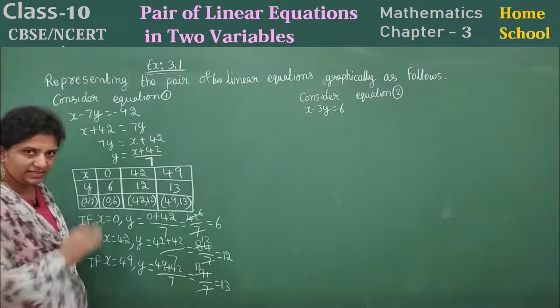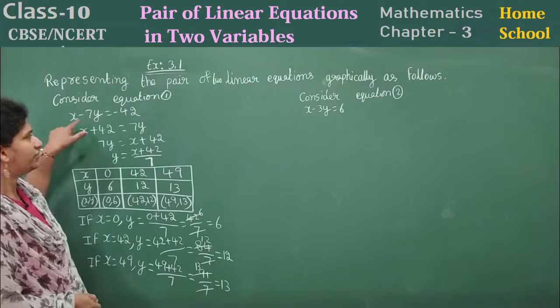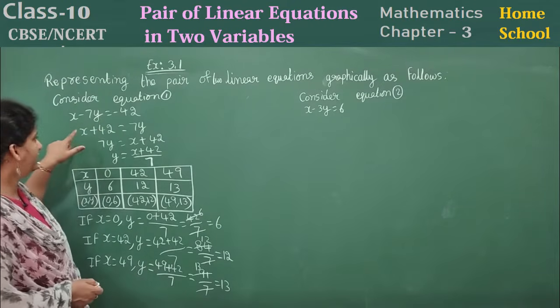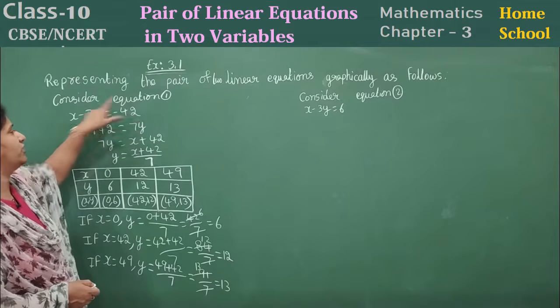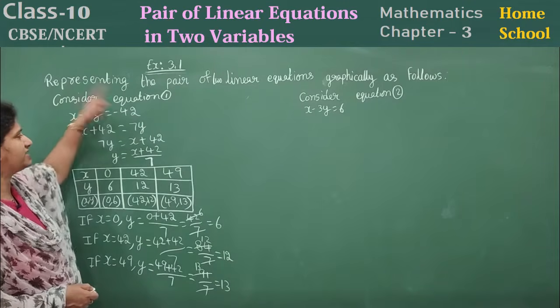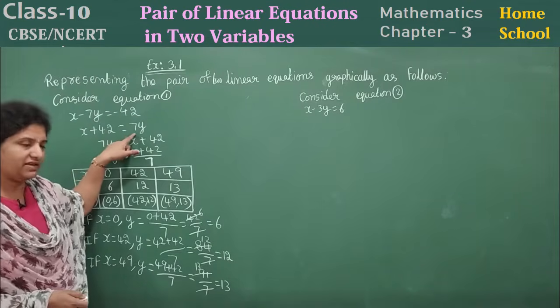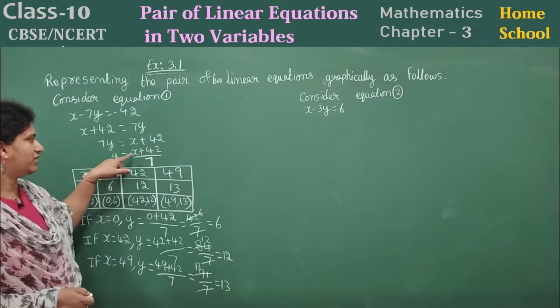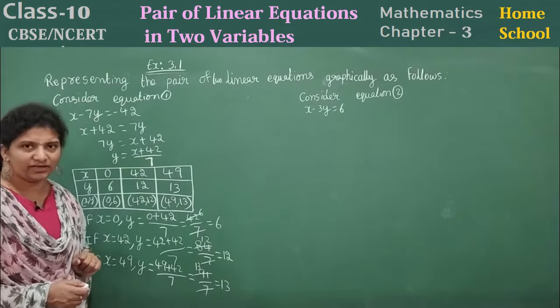Okay, so once again I repeat here. First you take the equation, convert the equation in y format. That is, minus 42 becomes plus 42, minus 7y becomes plus 7y, and at a time you reverse. y is equal to x plus 42 by 7.